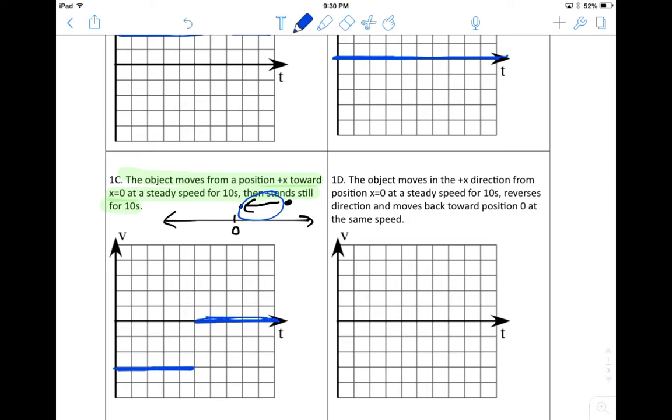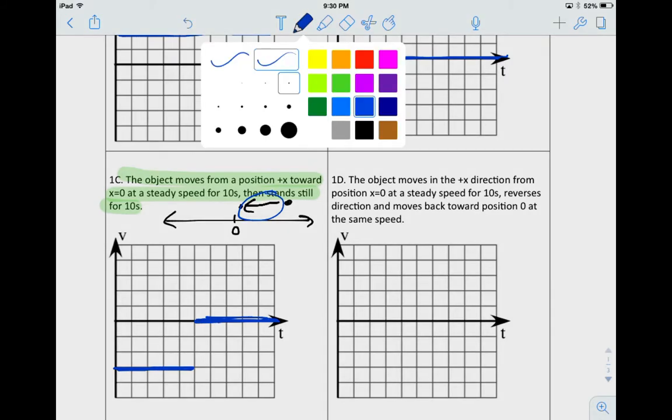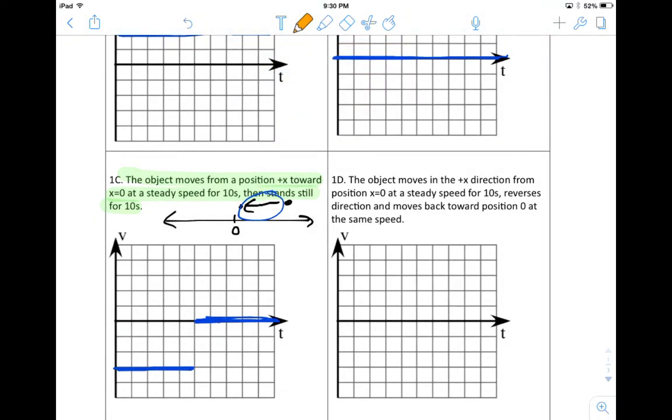And what we could even do here, just to make this a little bit more clear, I could label this 2, 4, 6, 8, 10, 12, 14, 16, 18, 20. Just so we understand that this part is the first 10, this part is the second 10.